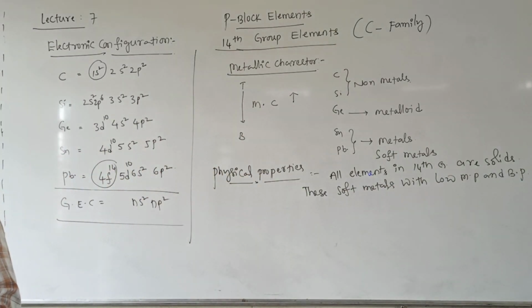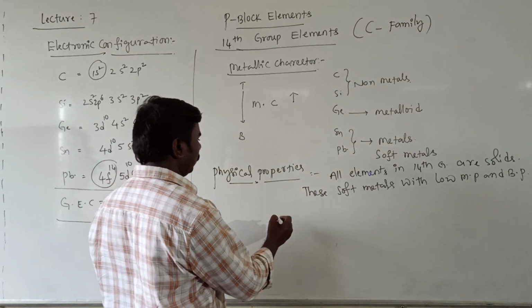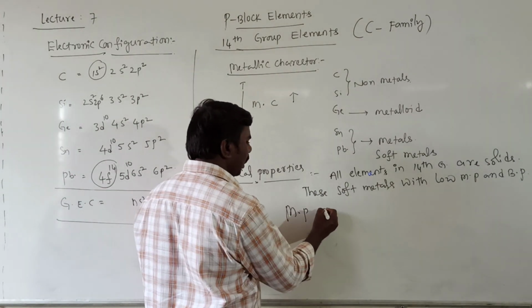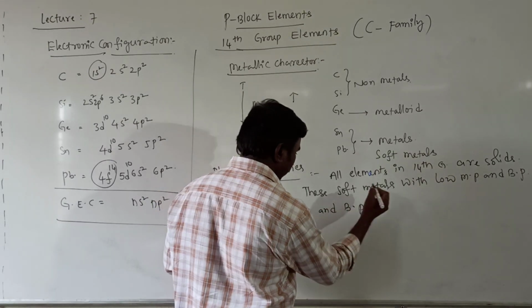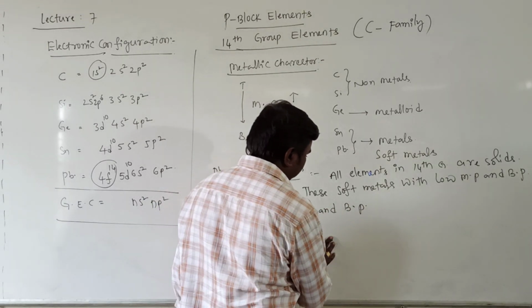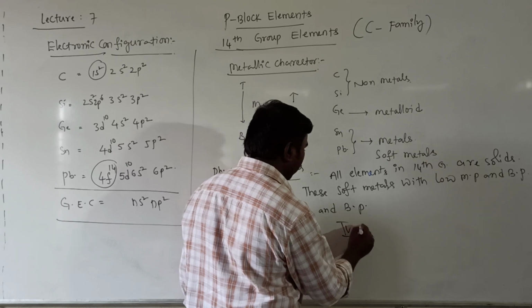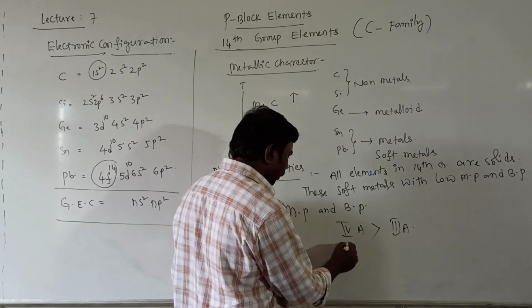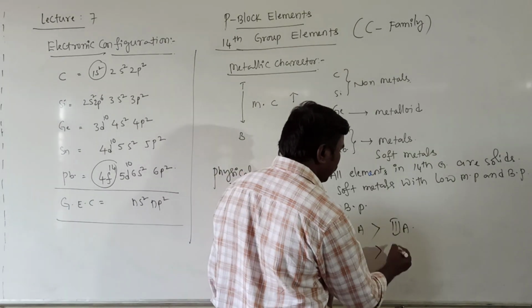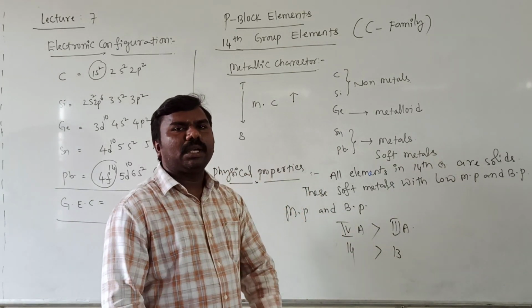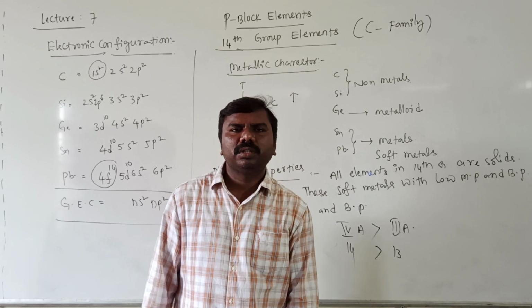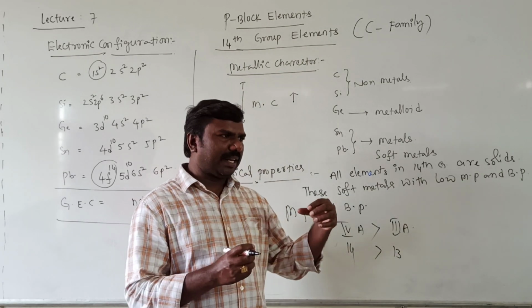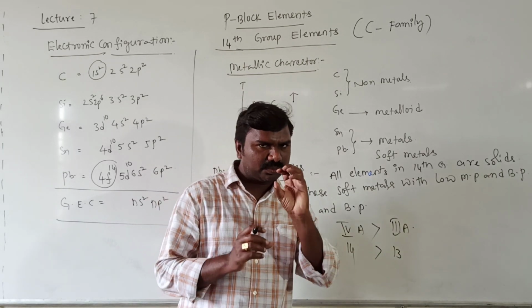Next point is melting points and boiling points. So now the 14th group is greater than the 13th group elements. Left to right attraction is more, and more attraction means left to right size is small.